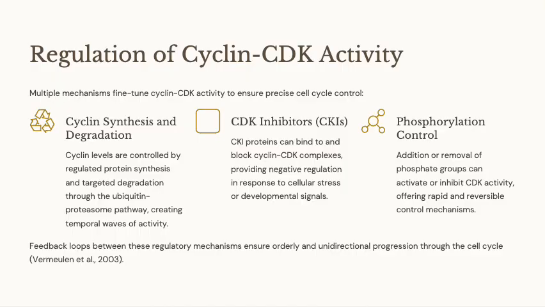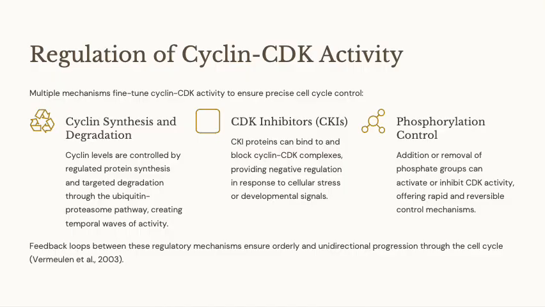Now, there is a regulation for cyclin CDK activity, and cyclin CDK activity is regulated through multiple mechanisms to ensure precision. Cyclin levels are controlled through regulated synthesis and targeted degradation by the ubiquitin proteasome system.